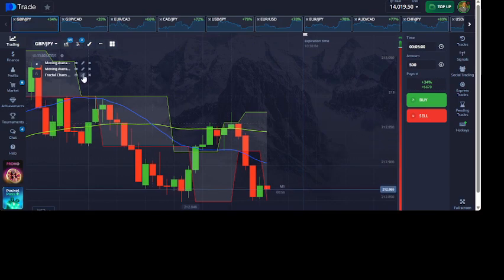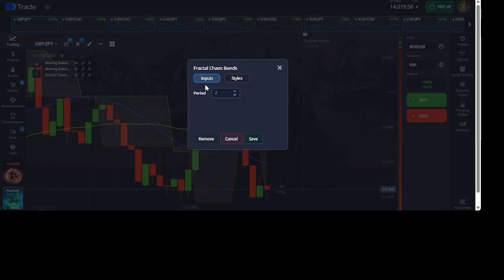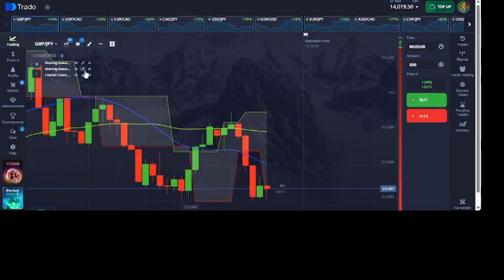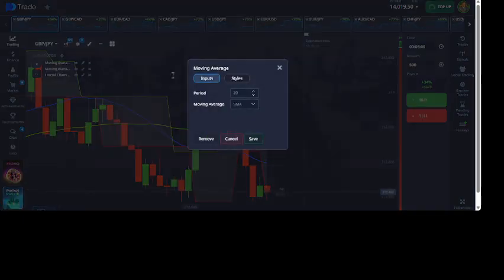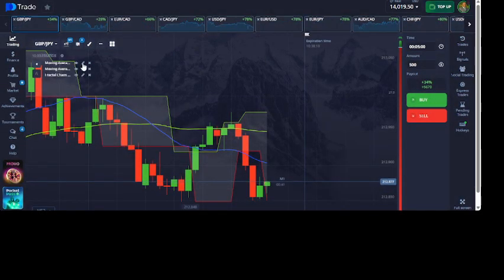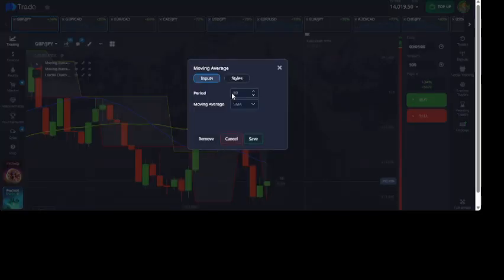The second moving average is the 50 period SMA. And in the style settings, I've set the 50 SMA to green, 2 pixels for the line width.